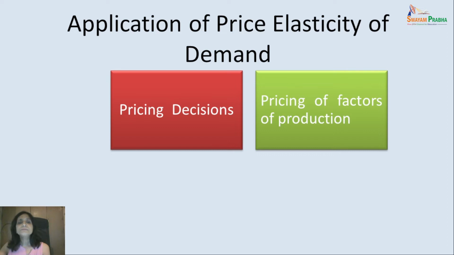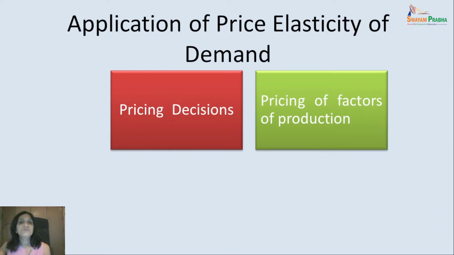The second application of price elasticity of demand is in the pricing of the factors of production. For whatever output you are producing, whether you use labor, land, or capital, we have to pay compensation for the use of this resource. How much the factors of production will ask for the use of their resources will depend on their elasticity.